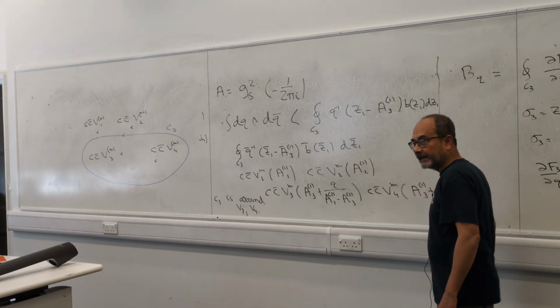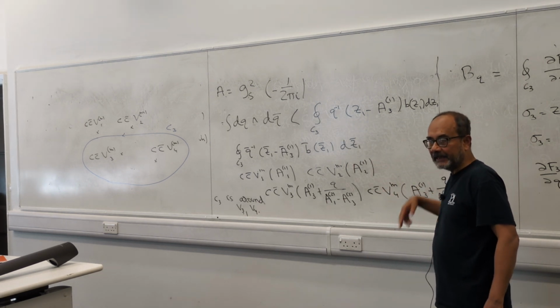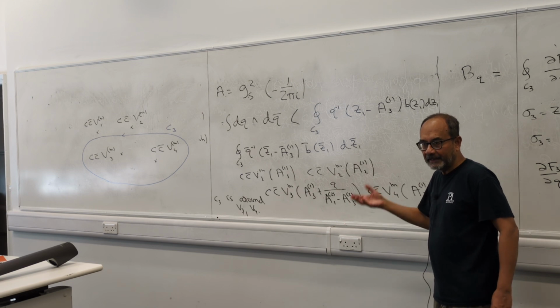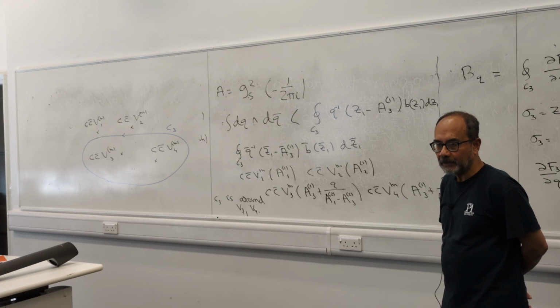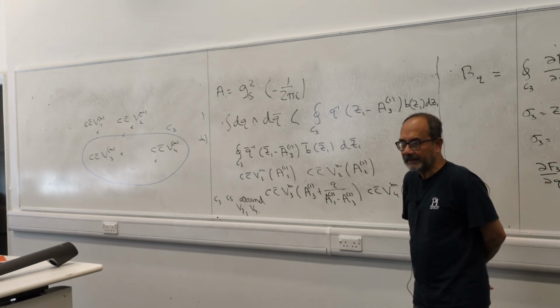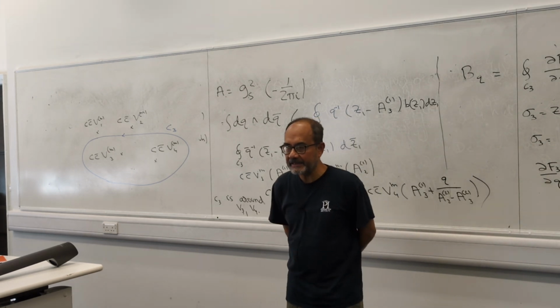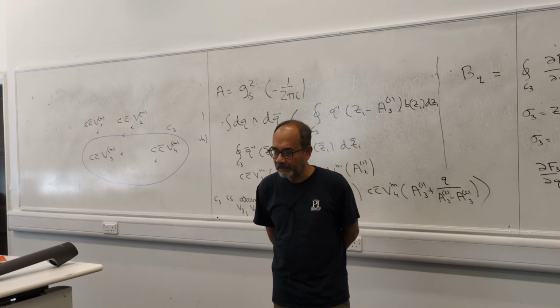Then this will have a complicated Q dependence. And by making a change of variable, you should be able to map it to the original integral that we had earlier. So that's the point: one can show that this integral is the same as the original integral using SL2C invariance.